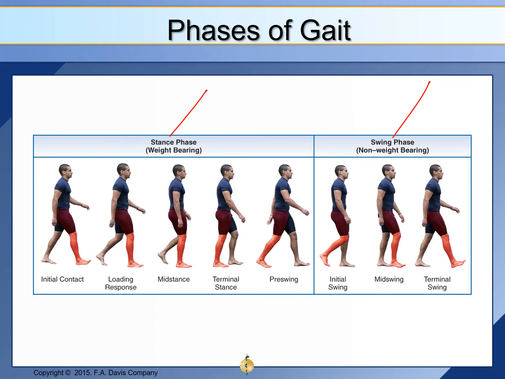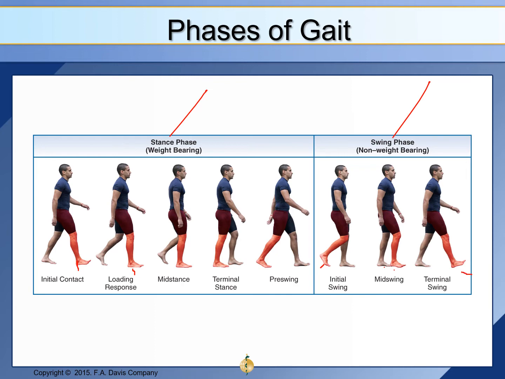When the body is bearing the weight, it is in stance phase. You can see the stance phase using the right leg. Non-weight bearing begins with initial swing, then mid swing, where the foot is not touching the ground, then terminal swing.